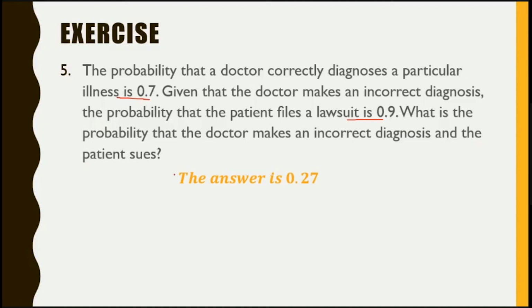The answer here is 0.27. Why do you think it is 0.27? Get your pen and paper and solve this problem. Show your solution, and check if you get 0.27 as the answer.